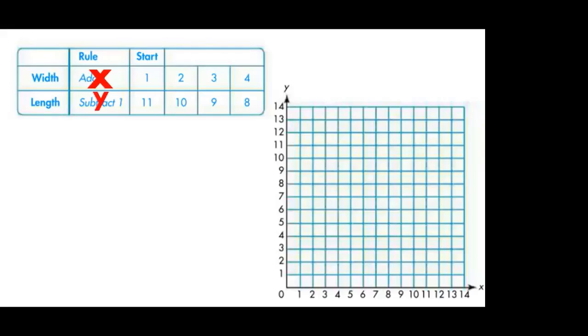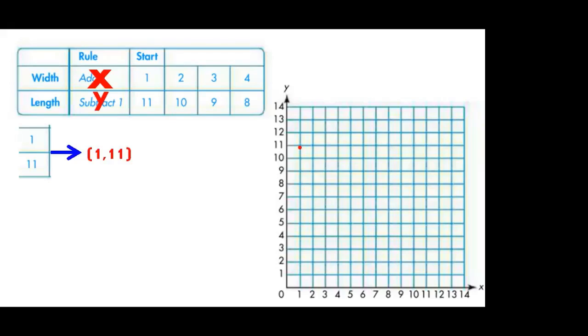So the first column: width equals 1 and length equals 11. That means we have an ordered pair 1 and 11. So I'm going to represent the point on the grid, 1 and 11, as you see. Okay. So this is the ordered pair and this is the point. Easy? Okay. Let's see the second column.